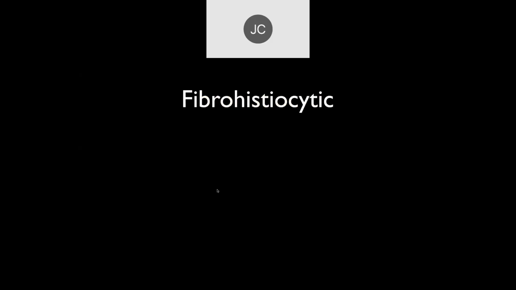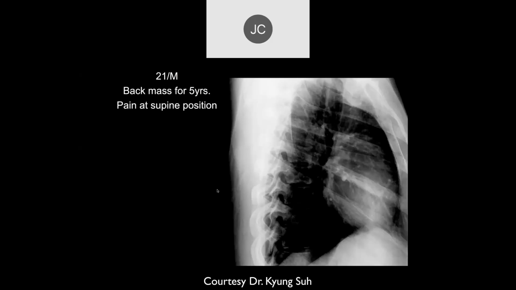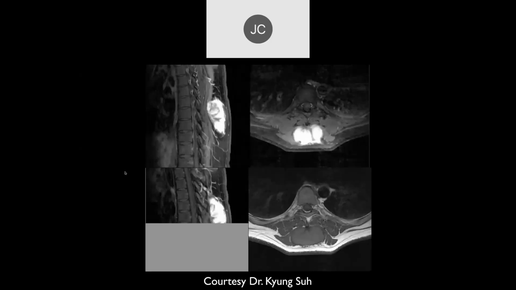Okay, let's go on to fibrohistiocytic lesions. Back mass for 5 years, pain in the supine position. At least on these X-rays, I don't think I see a whole lot here. It's really hard to see anything back here.